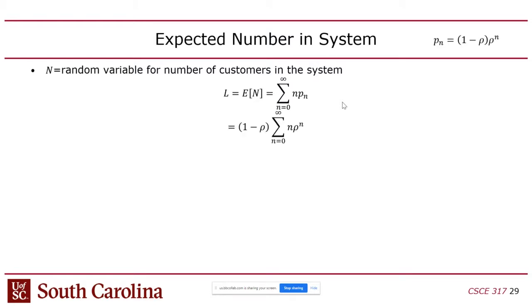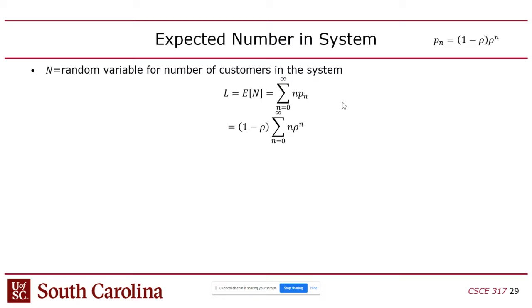So we can do some modifications here. We know P sub n is 1 minus rho times rho to the n. Sorry, I think I said P. See, I got tripped up by the rho and the P thing.